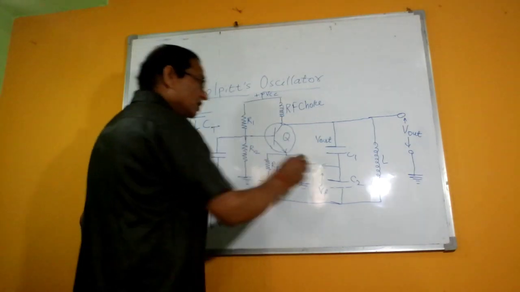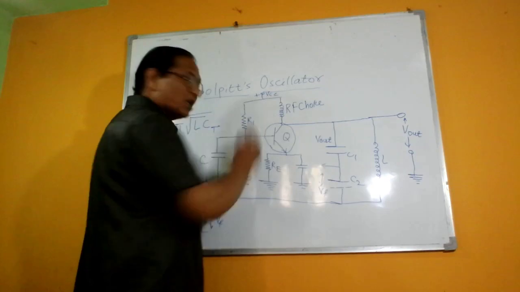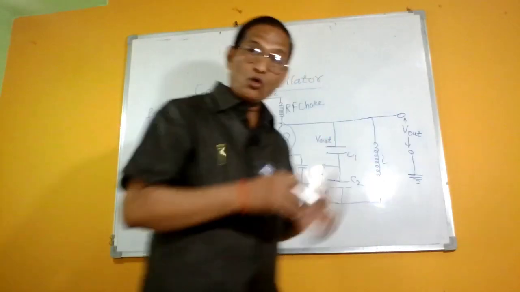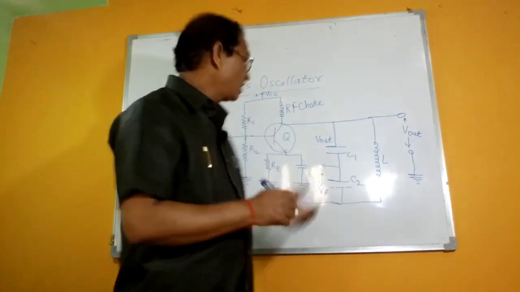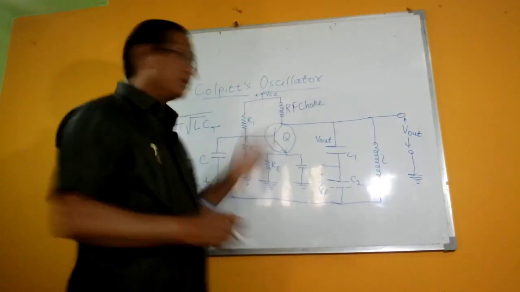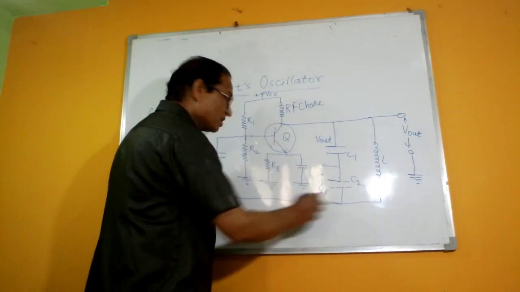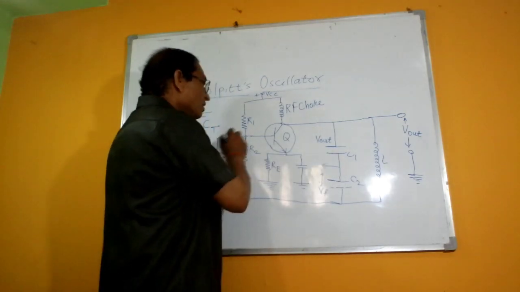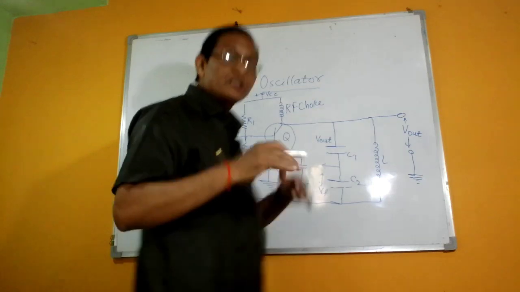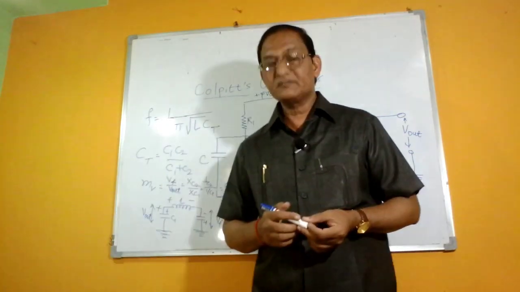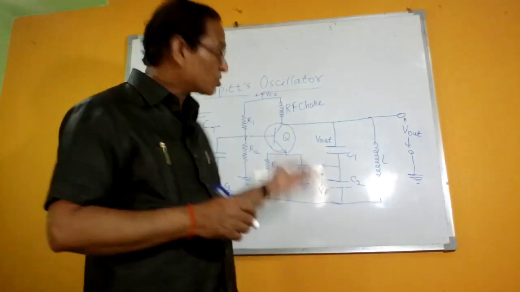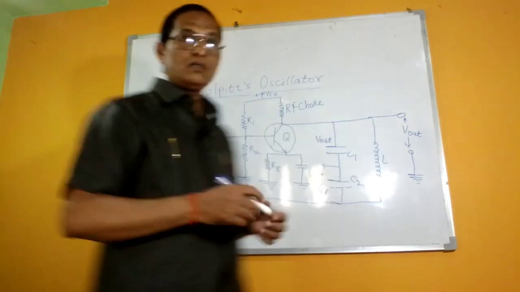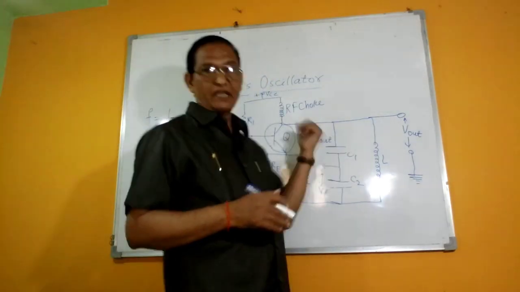Now whatever feedback we give to the tank circuit to overcome or meet the losses should be in phase. See here, 180 degree phase shift is given by this circuit, whereas the transistor action itself gives another 180 degree phase shift, so that the energy supplied is in phase with the oscillations set up in the tank circuit.